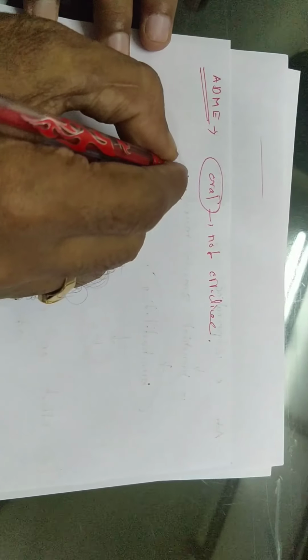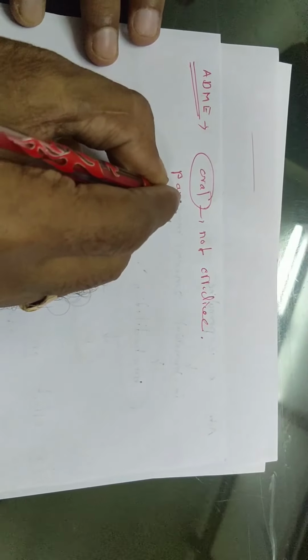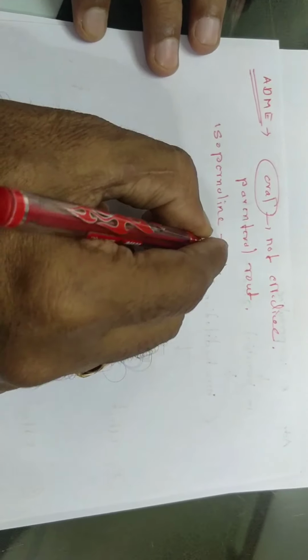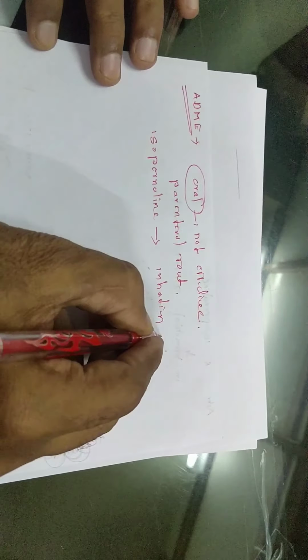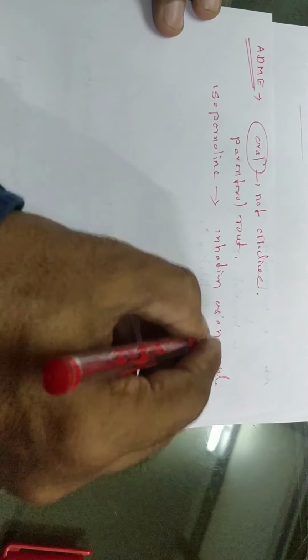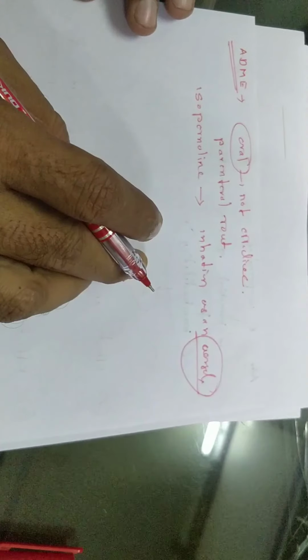It is generally given by the parenteral routes, subcutaneous, intramuscular routes. And isoprenaline is administered by inhalation as an aerosol. You know the aerosol very well, first year you have to study.